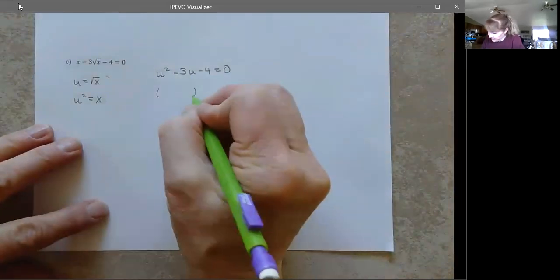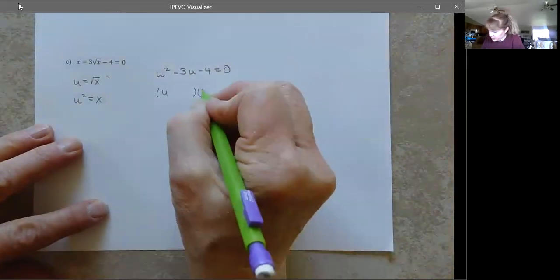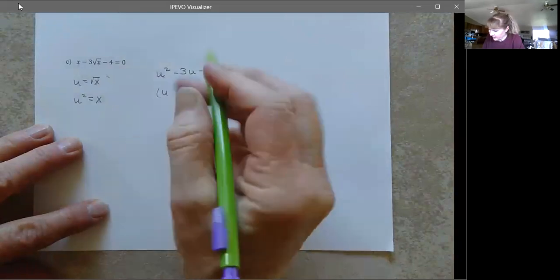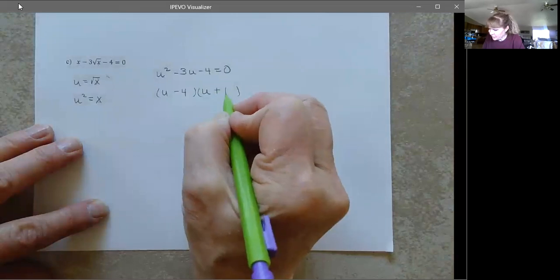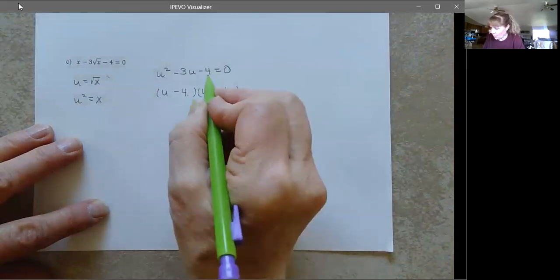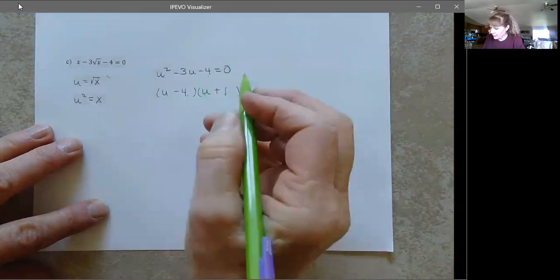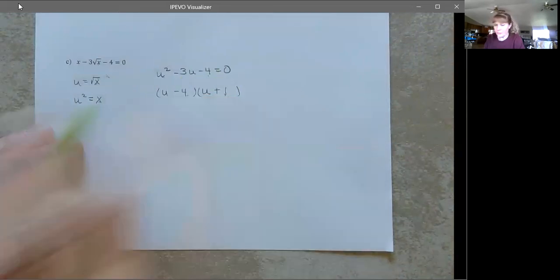So let's factor. U times u gives you u squared. A minus 4 and a positive 1 multiplied together give you a negative 4, but added together give you a negative 3.